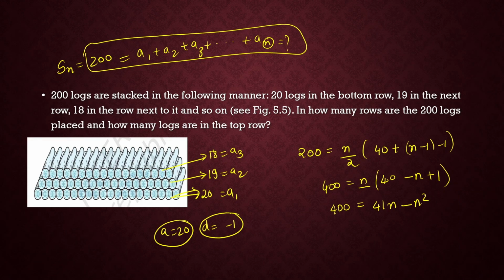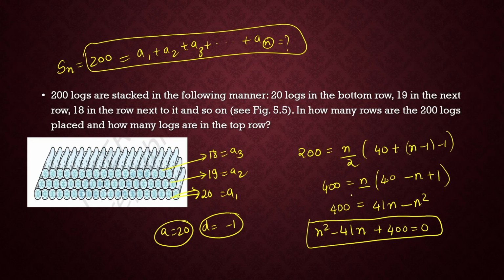Hope I solved it rightly. 41n minus n square. So this becomes n square minus 41n plus 400 is equal to 0. You have to solve this equation and you will get the value of n. That is how many rows are required so that 200 logs will be occupied.